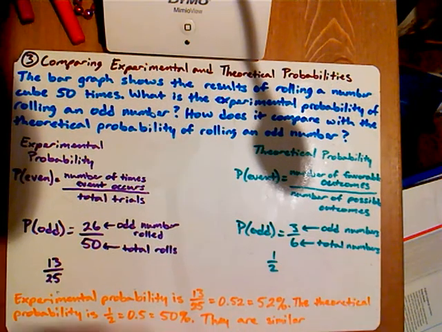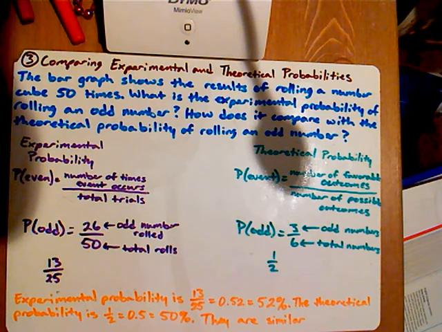The bar graph shows the results of rolling a number cube 50 times in total.